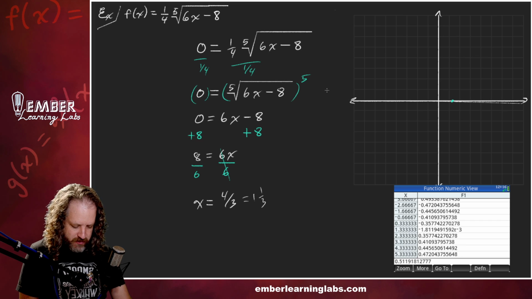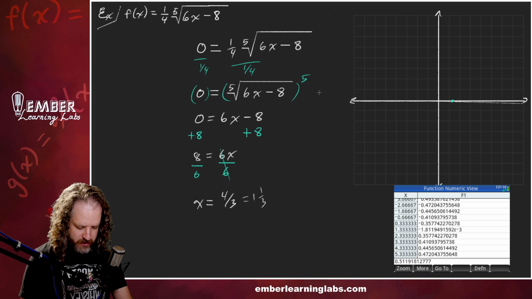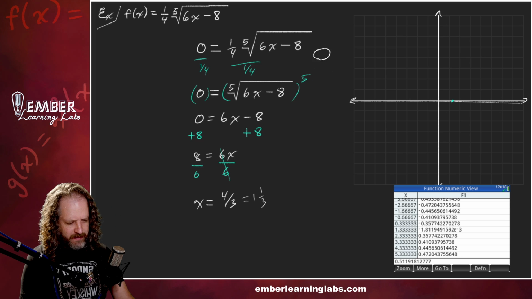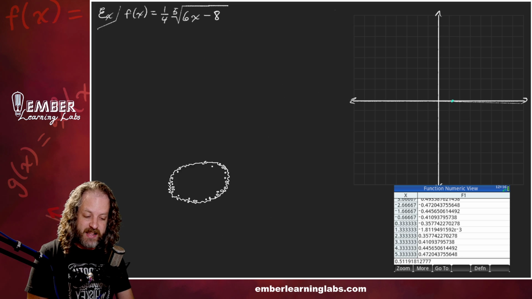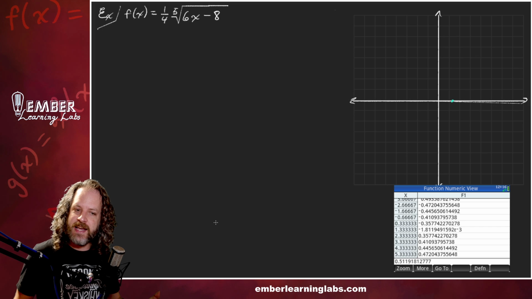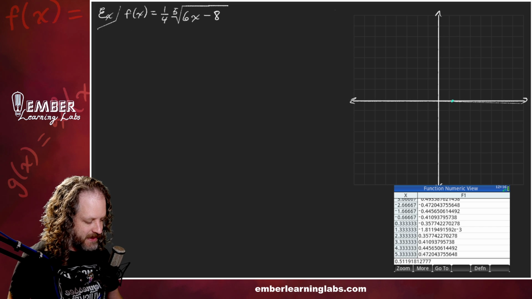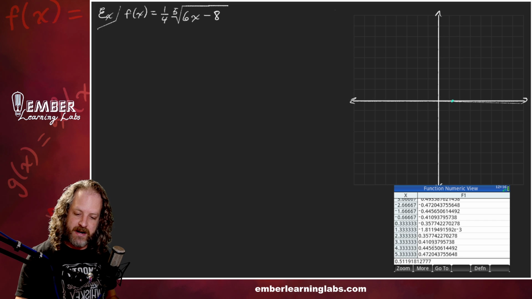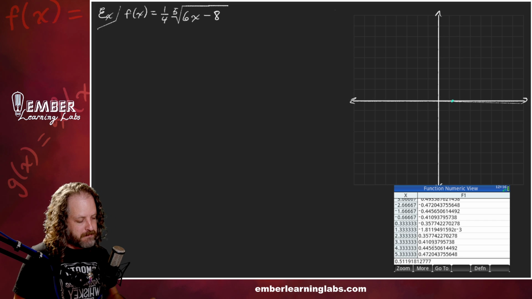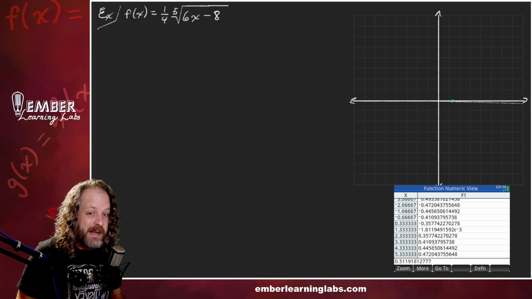Calculators can only do what they're programmed to do. And so in this case, this calculator is just a titch dumb. And your calculator is probably the same thing. If you follow the same process, put this in there, and then you do that in the table, you're probably going to have the same thing that's happening. Now, if your calculator has a computer algebra system, it might give you a better answer depending on how it's programmed.